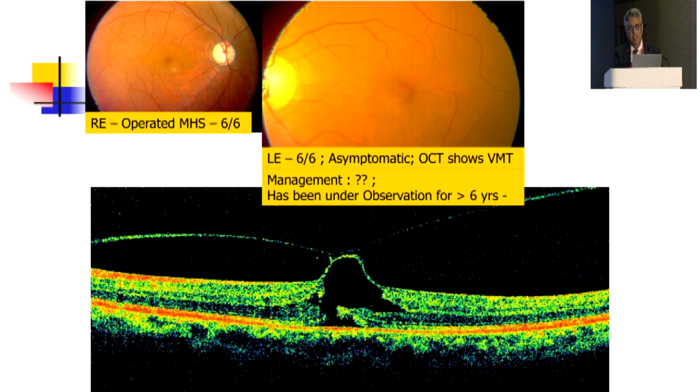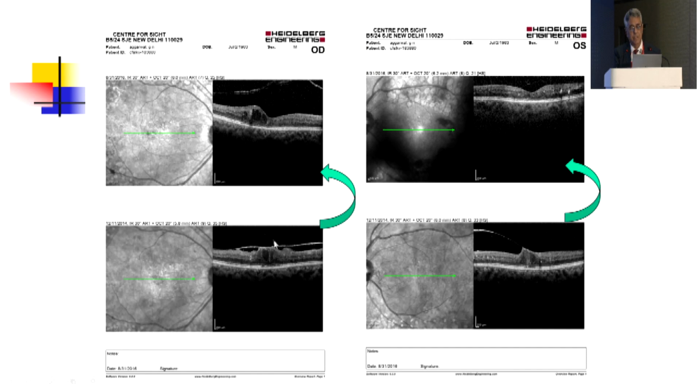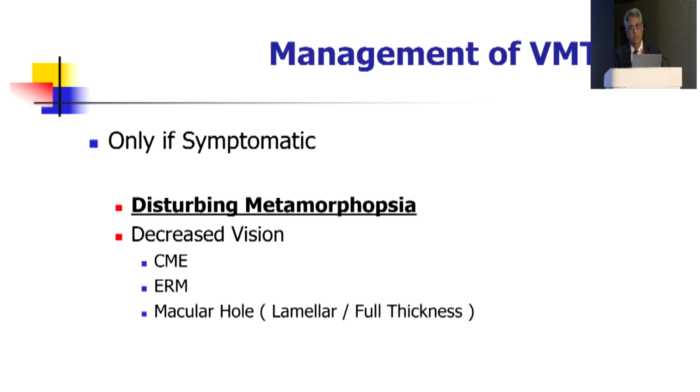And you see, like this example I had shown, right eye we operated for macular surgery, left eye this lady had VMT. Now the follow-up is more than 10 years. She still maintains 6/6. And this example is to show that this vitreous got separated spontaneously. You see, in this eye as well as in this eye, and the patient had recovery of symptoms as well as improvement of near visual acuity, for which the patient had come.